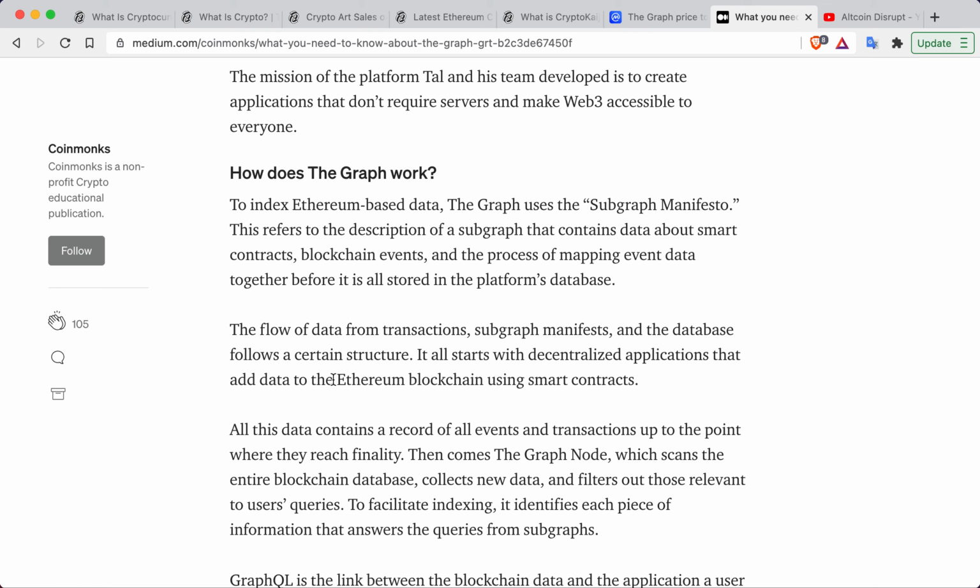It all starts with a decentralized application that adds data to the Ethereum blockchain using smart contracts. All this data contains a record of all events and transactions up to the point where they reach finality. Then comes the graph node, which can scan the entire blockchain database, collect new data, and filter out what is relevant to users' queries. To facilitate indexing, it identifies each piece of information that answers the query from subgraphs.